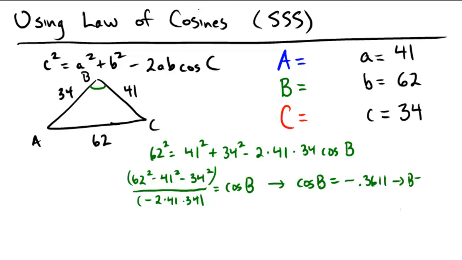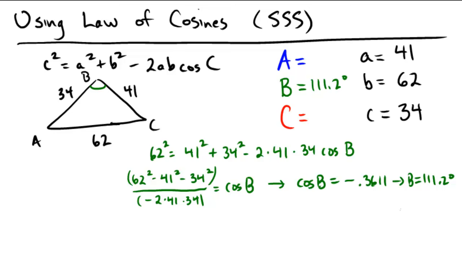That means angle B is found by doing an arc cosine, or inverse cosine, and it's 111.2 degrees to the nearest tenth. So 111.2 degrees.